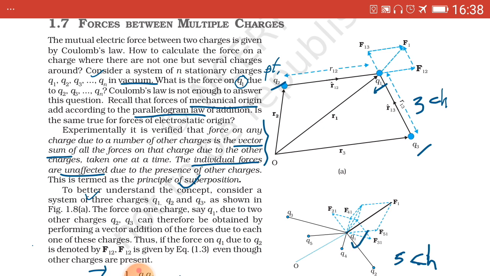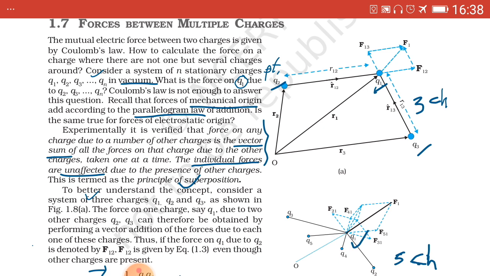Okay, questions over. Now we shall start with the new topic, that is forces between multiple charges, that is application of Coulomb's law, another title for it.